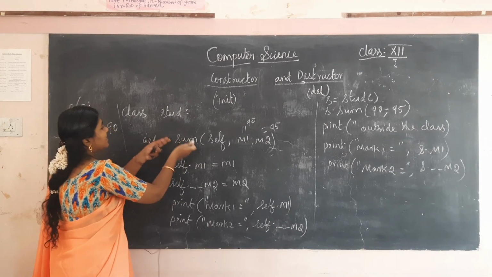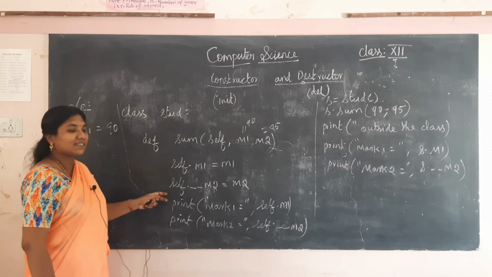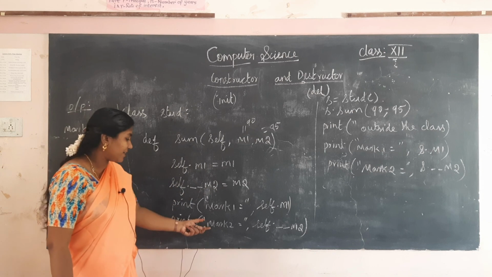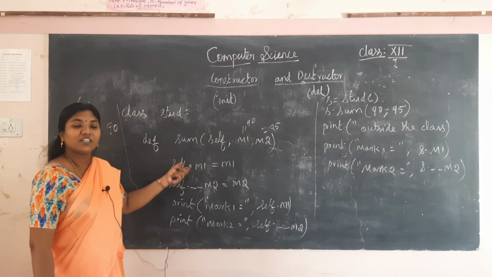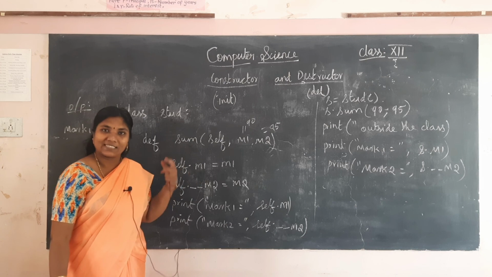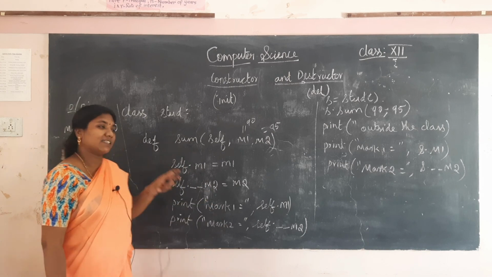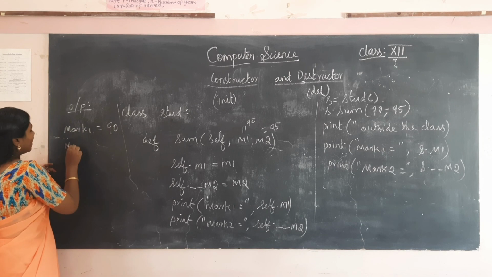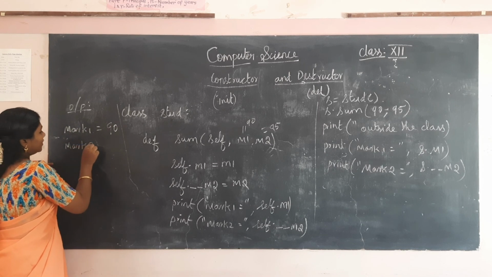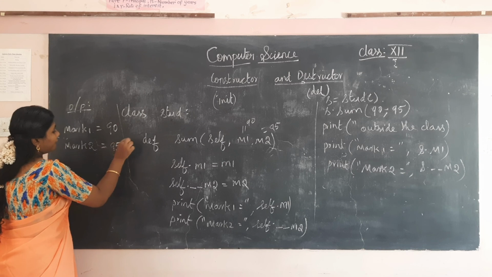This function is within this class, so we are accessing this variable within the class. The print statement is also within the function within the class, so it will get access. Though it is a private member, it will get access within the class. So it will have the value mark 2 is equal to 95.